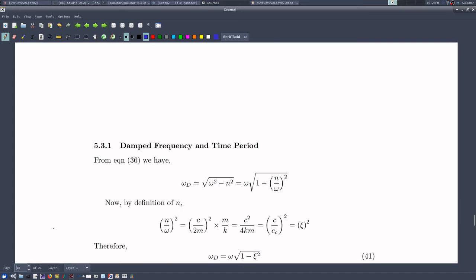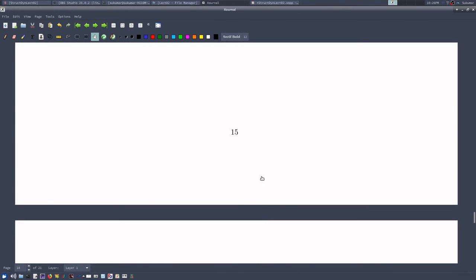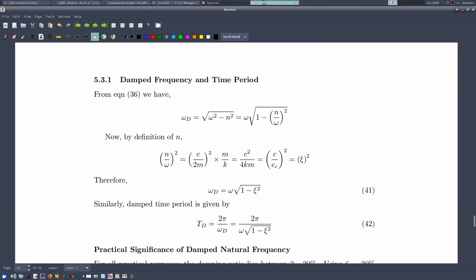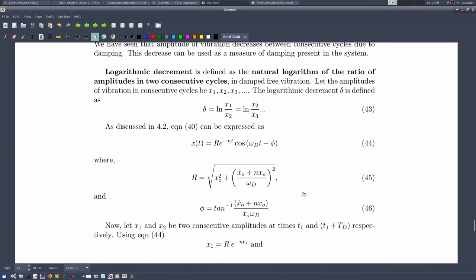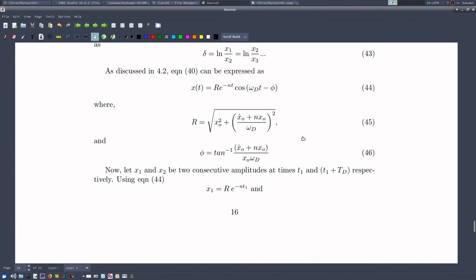So what we see is that by definition my logarithmic decrement will be this. Now the equation of motion I can express naturally as r times e to the power minus nt into cosine (omega d t minus phi). This r cosine (omega t minus phi) we have already seen in case of undamped vibration. Now in case of damped vibration, my frequency will be omega d, therefore the omega d t term has come.